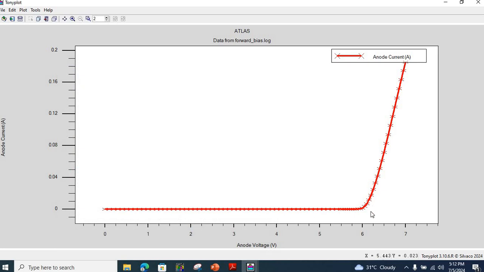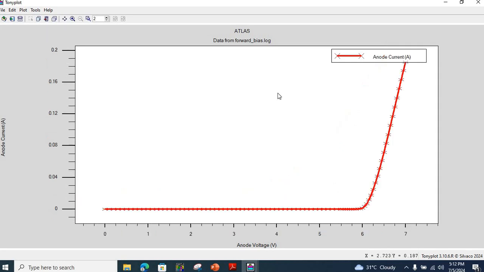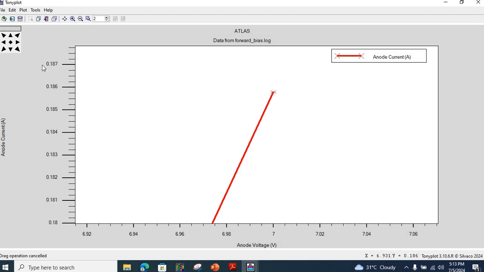So we can see that the turn-on point of this aluminum nitride based PIN diode is approximately 6 volts, and we are running it up to 7 volts. At 7 volts the current is approximately how much? It's approximately 186 milliamps.